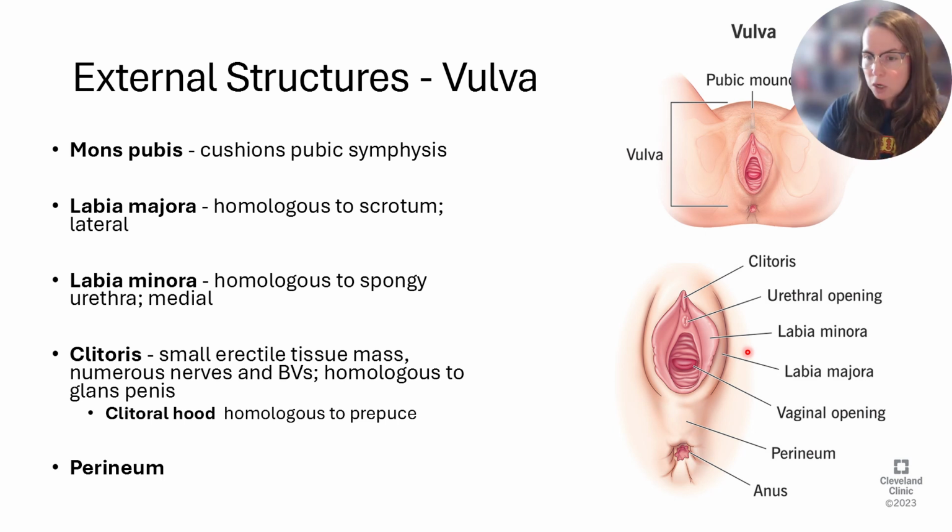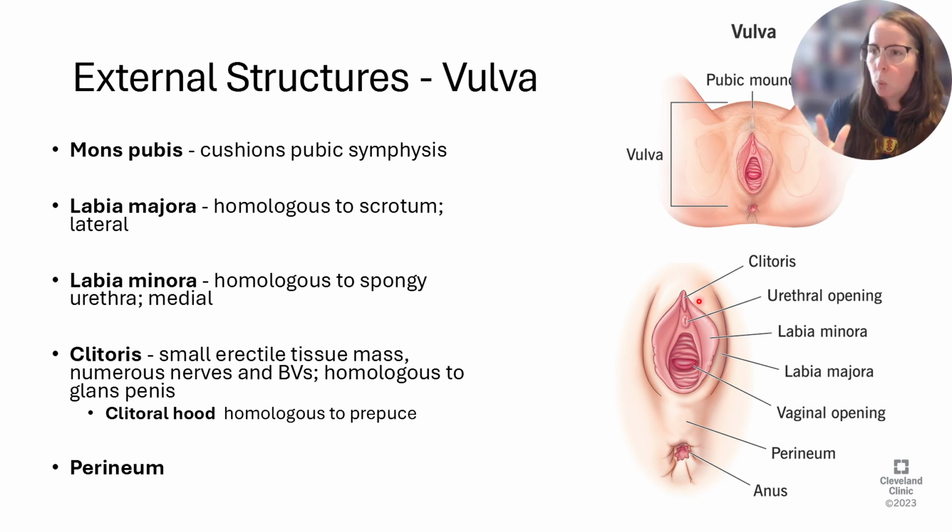So if this individual had the genetics to become externally, primary sexual characteristics of male, the labia majora would have become the scrotum. As we move more medially, we get the thinner, more fleshy structures, which are called the labia minora. These do not have pubic hair on them, and they come in all different shapes and sizes.